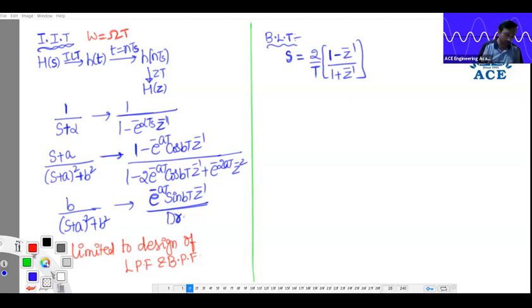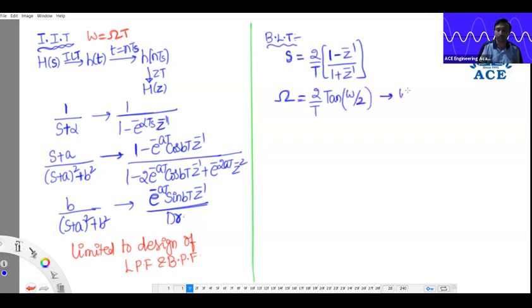One-to-one mapping we observed, but what is the relation between analog and digital frequency? Omega analog equals 2 by T tan (omega by 2). We call this which effect? Warping effect. So to cancel that warping effect, what are we doing? We are using the pre-warping concept.